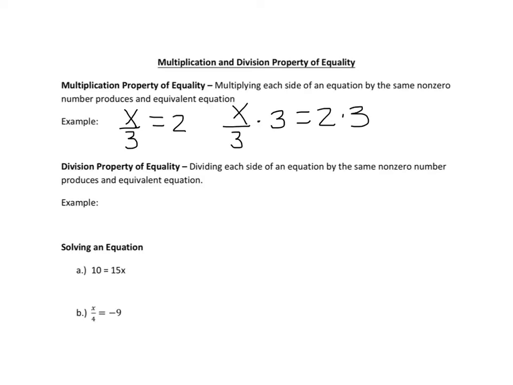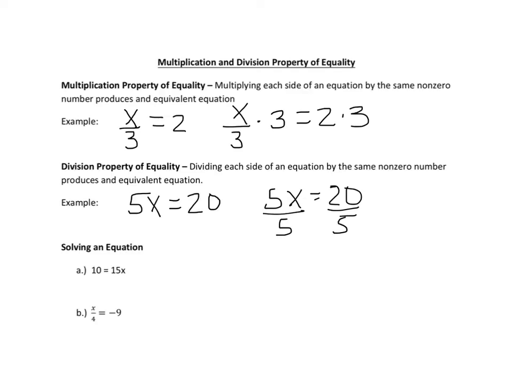Here's an example. 5x equals 20. If I divide both sides of the equation by the number 5, I still have equivalent equations.